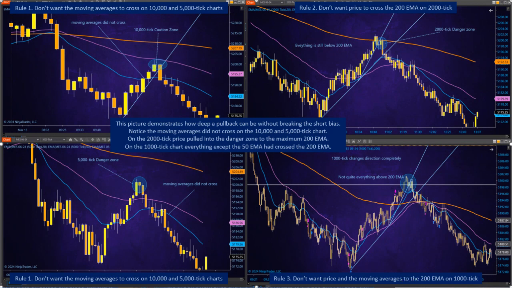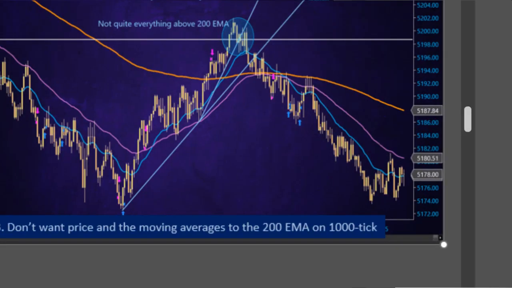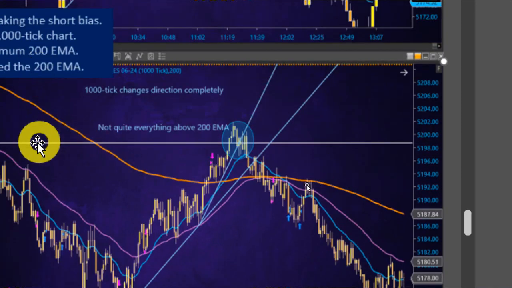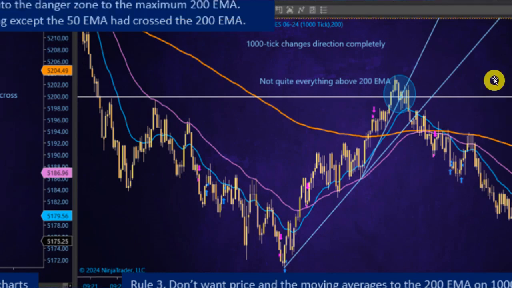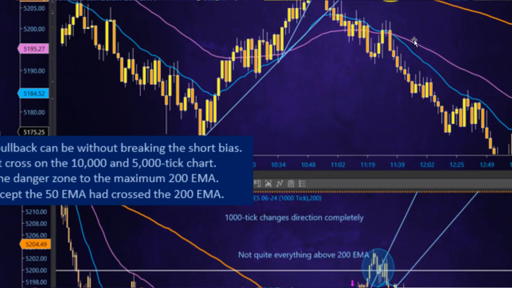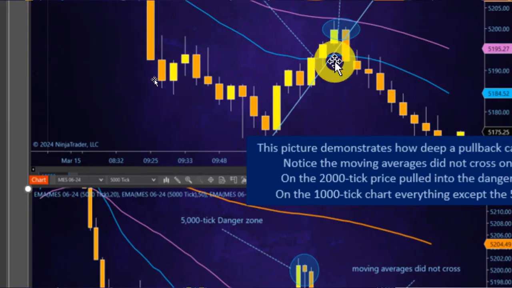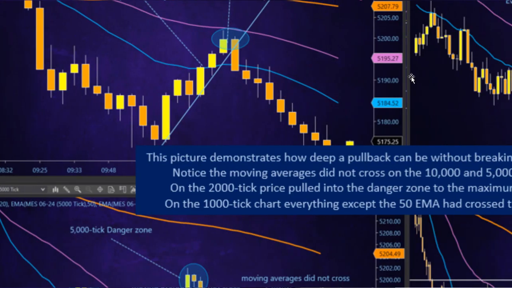In other words, it's possible that the rule could be, if everything goes over the top of the 200 on the 1000 tick chart, it's going to be extremely dangerous, and possibly it's a reversal, especially if you get across over the top of the 200 on the 2000 tick chart as well. Okay, so if these two cross over the 200 moving average, you might as well forget about it. It's too deep. That means that it's so deep that it's very dangerous.